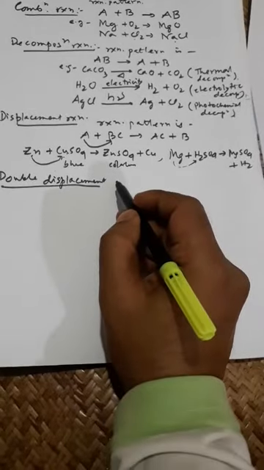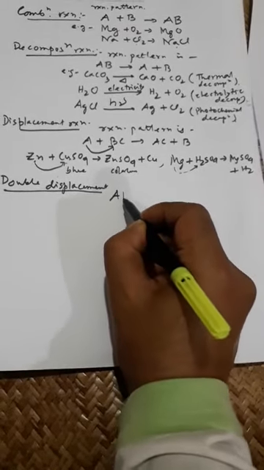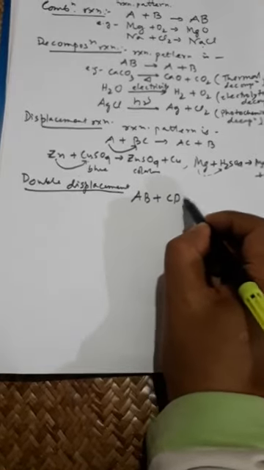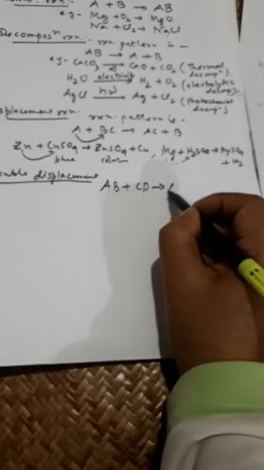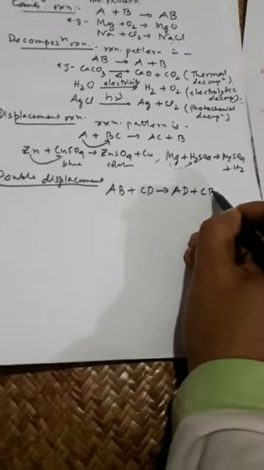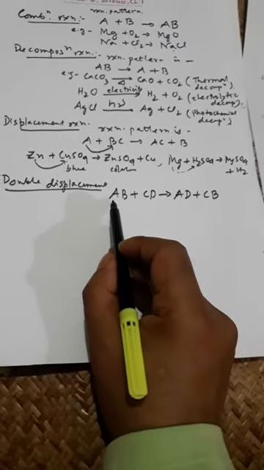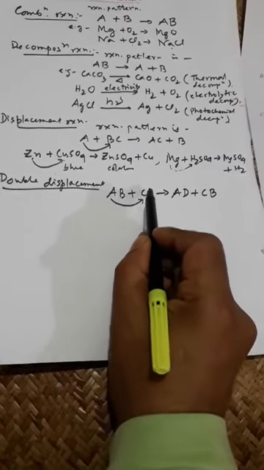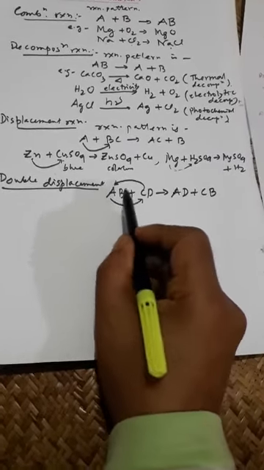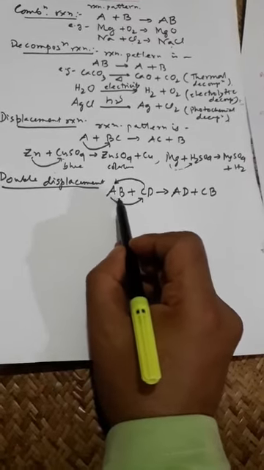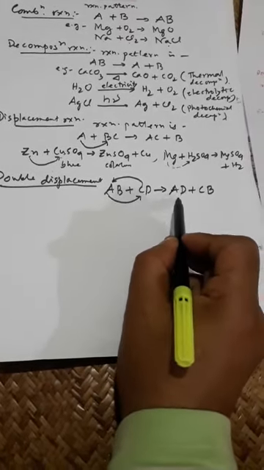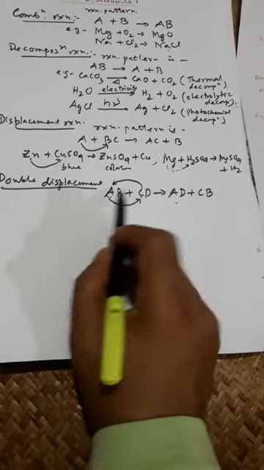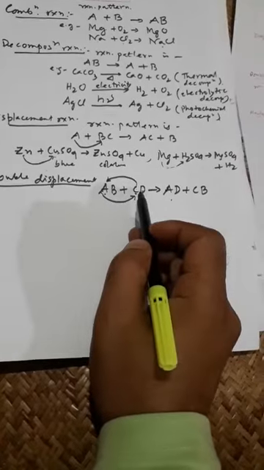Here the reaction pattern is AB plus CD gives AD plus CB. You can see A will go there, C will come to the position of A, so the products are AD and CB. They just exchange their positions, the ions exchange their positions.